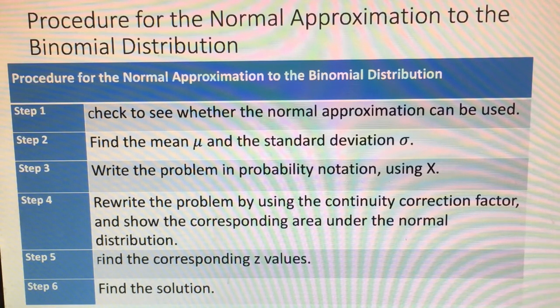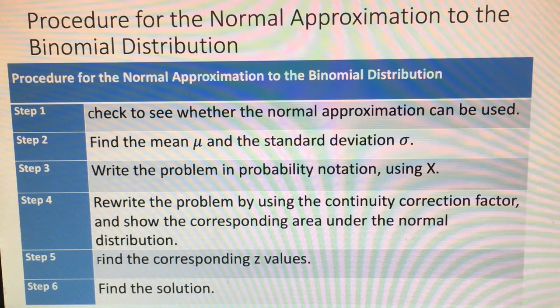So step 1 in the procedure of approximating the binomial distribution with the normal curve is check to see whether the normal approximation can be used. Step 2 is find the mean and the standard deviation. Step 3 is write the problem in probability notation using x.